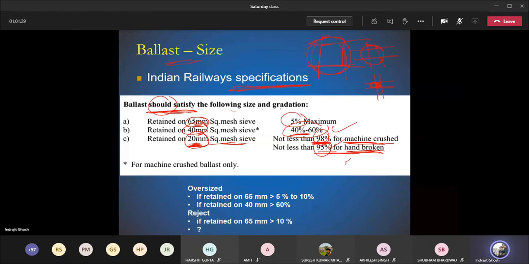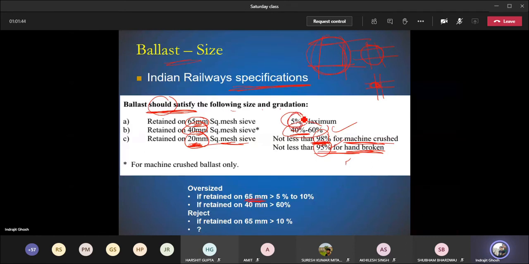Now when will we say it is oversized? It means the ballast that we have, most of the particle sizes are larger. If retained on 65 millimeter is greater than 5%.